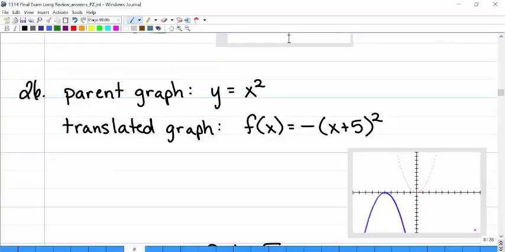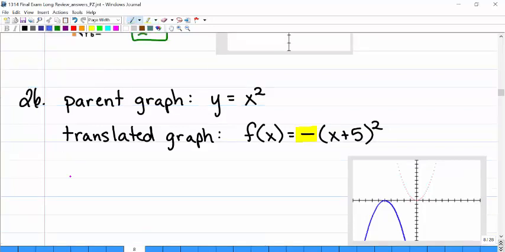For number 26, it tells you that the parent graph is y equals x squared, and then it gives you f of x equals negative quantity x plus 5 squared, and it wants you to describe the translations. So there are two things going on. The first thing is the negative out front, and that makes it reflect over the x-axis.